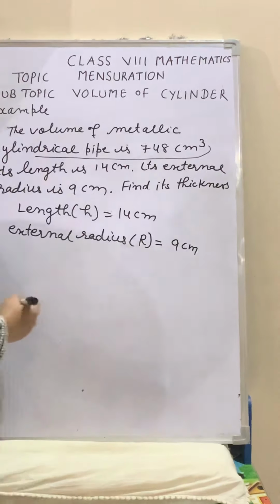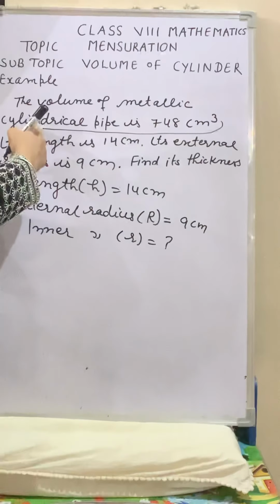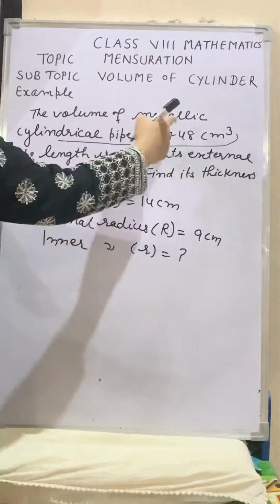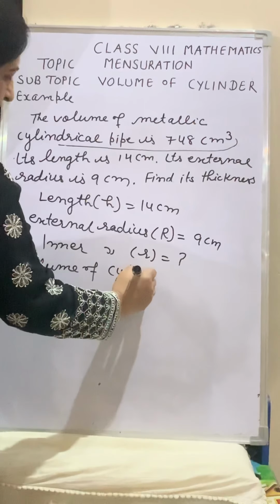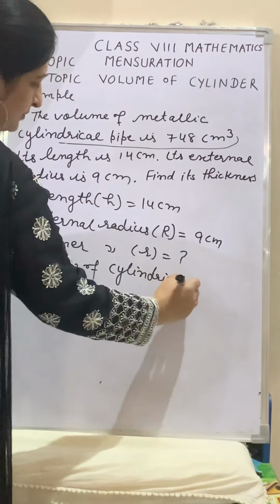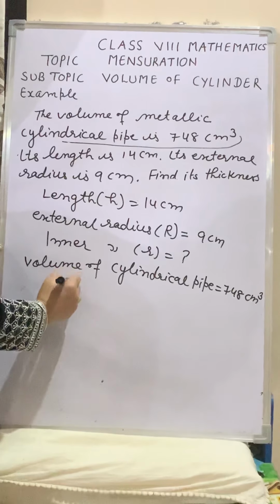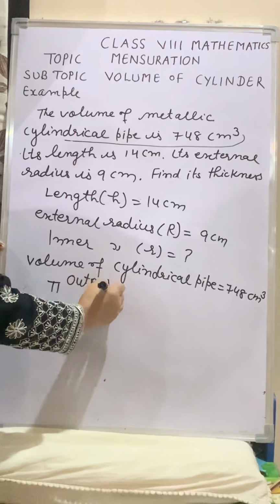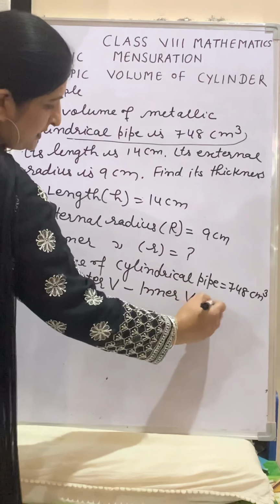Inner radius small r we will find with the help of what is given. Volume of metallic cylindrical pipe is given. Volume of cylindrical pipe is 748 centimeter cube. What is given? Outer volume minus inner volume is 748.